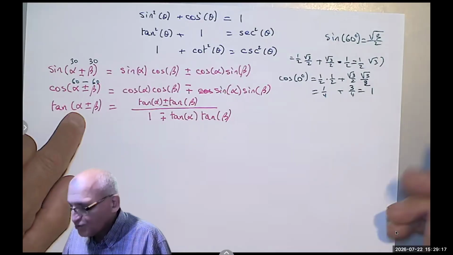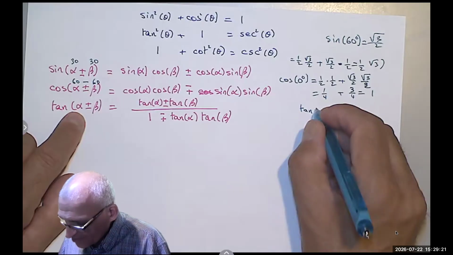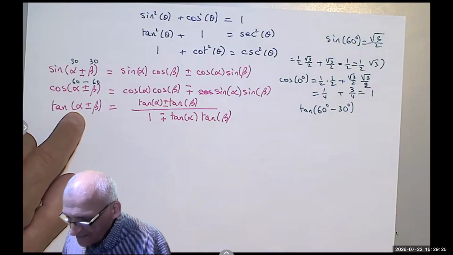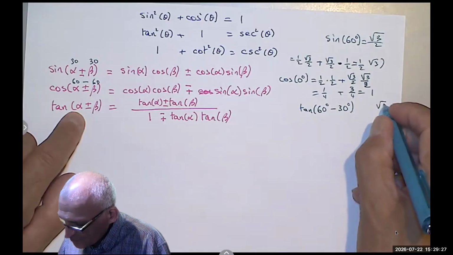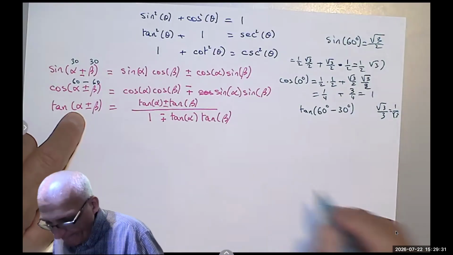Finally, if I want to get tan 30, I'm going to write it as 60 minus 30. I know that tan 30 is √3/3, or 1/√3, doesn't matter.